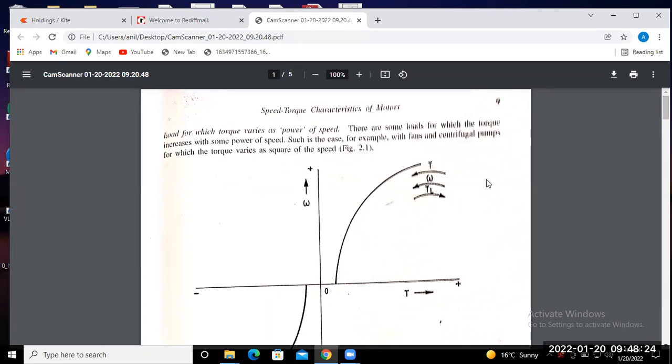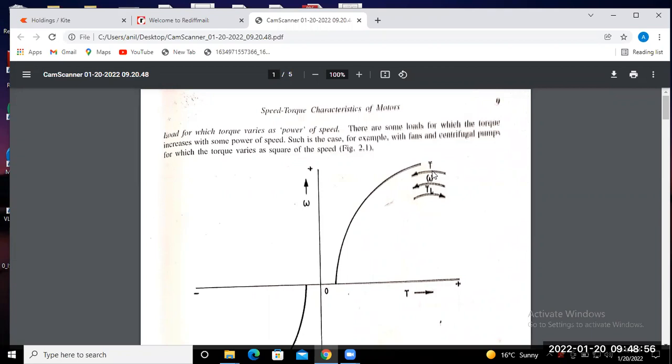Suppose this T represents the electromagnetic torque developed in the motor. And one more thing we discuss here for this characteristic, that means we discuss the electromagnetic torque development direction, which direction we have to consider positive, which direction we have to consider negative, and the speed of the motor.